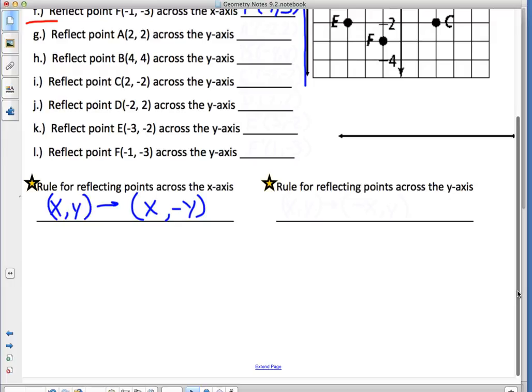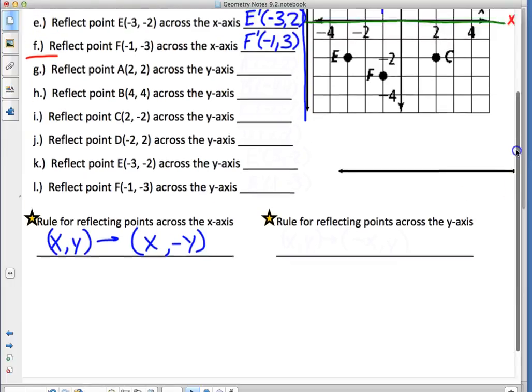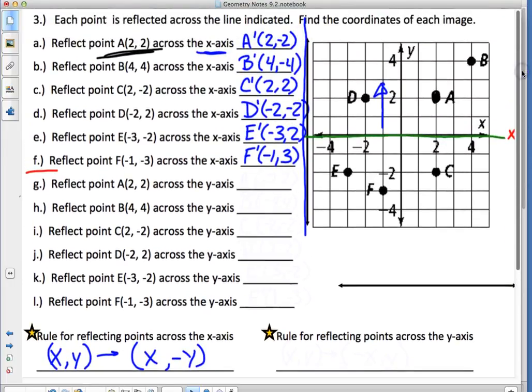It's the same thing. It really comes down to the fact that when Y is already negative, you don't think you have to apply the rule, and you actually do. Opposite of Y means you're taking the opposite of whatever the Y value is. So make sure it's clear. Notice that in problem C, my Y value was negative 2. I take its opposite, and in C it's 2, 2 prime. So be advised, that's how it's working.